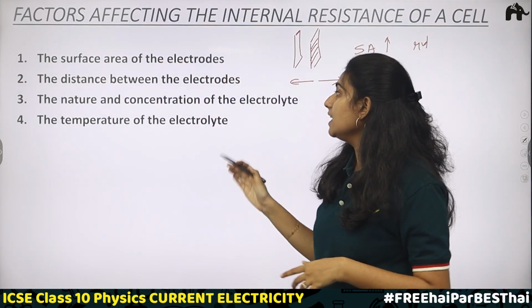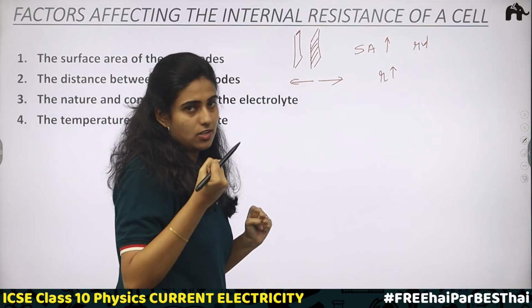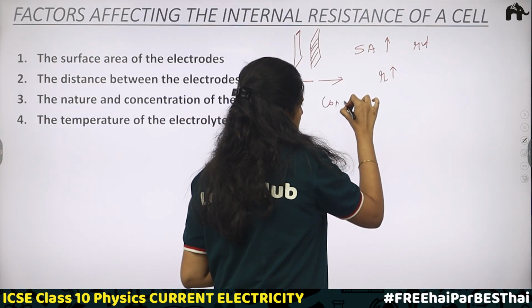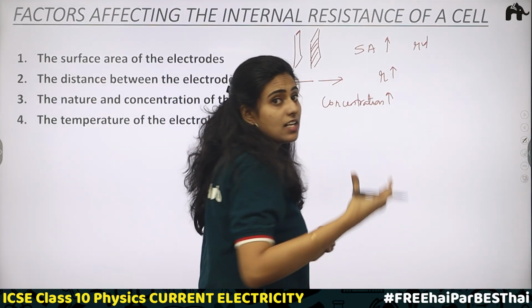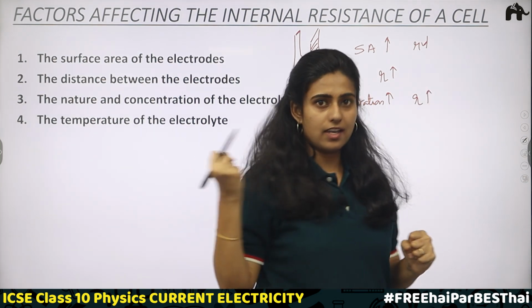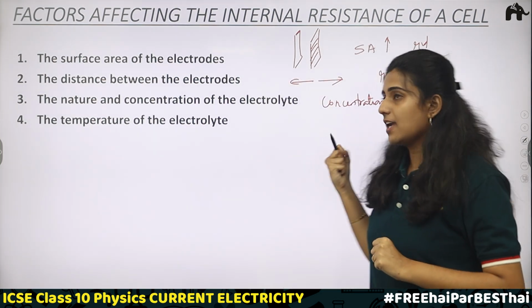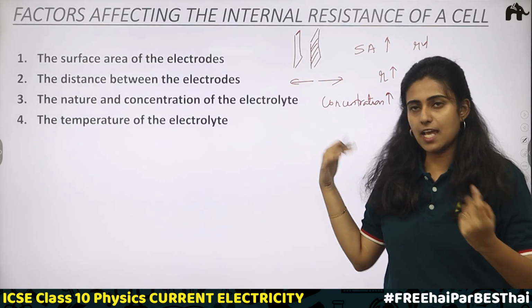Now the third point, the nature and concentration of the electrolyte. If you are using a concentrated electrolyte, when the concentration increases, internal resistance will also increase. Why? Because there are more ions in this case. Movement of ions will increase, collisions will increase, and therefore the internal resistance will also increase, directly proportional.